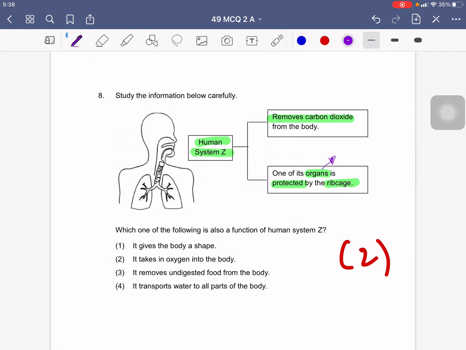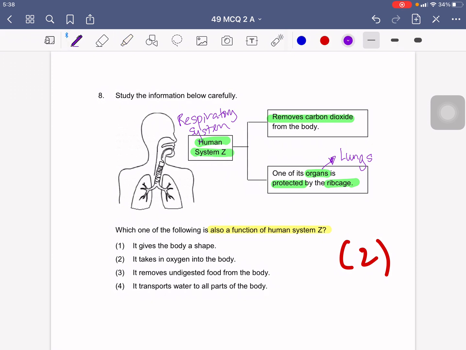And from what I know, the system that removes carbon dioxide will be the respiratory system. And the organ that is protected by the rib cage will be the lungs. So which one of the following is also a function of the human system Z?